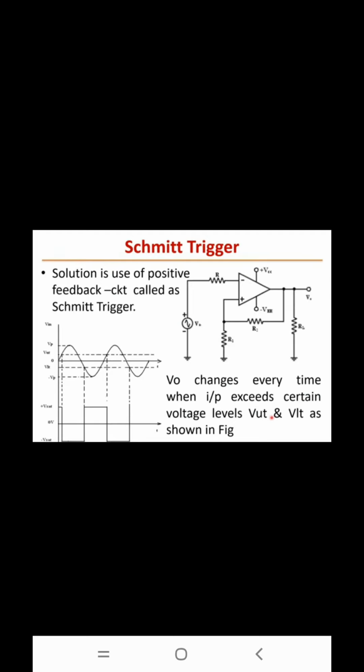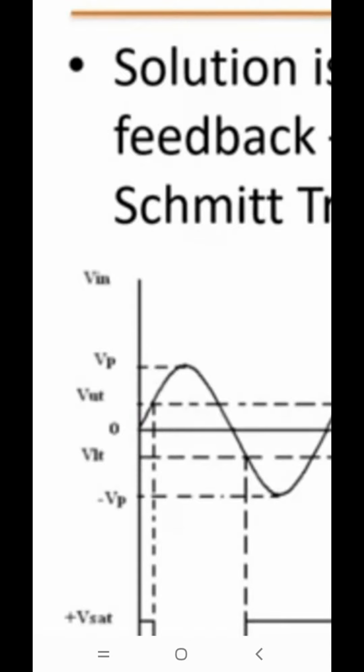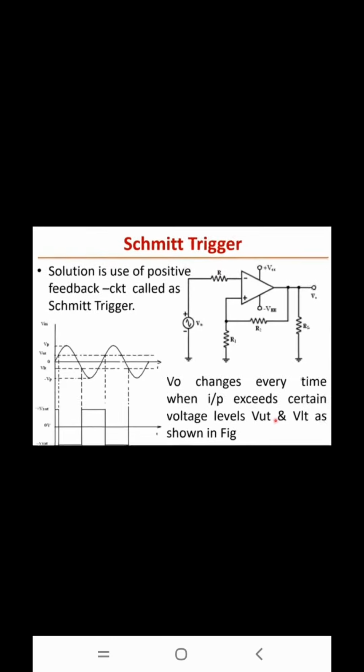Here the input voltage Vin triggers the output V0 every time it exceeds certain voltage levels, called the upper threshold voltage VUT and the lower threshold voltage VLT. As you can see here, this is VUT and this is VLT.